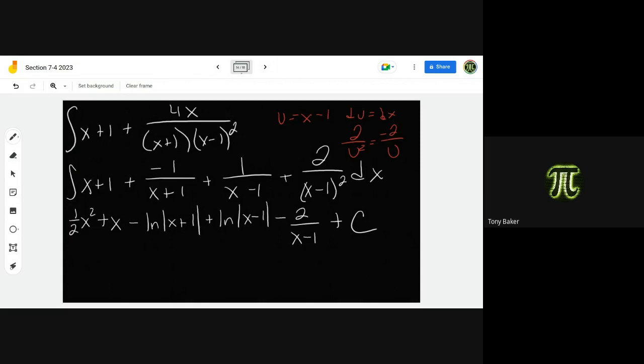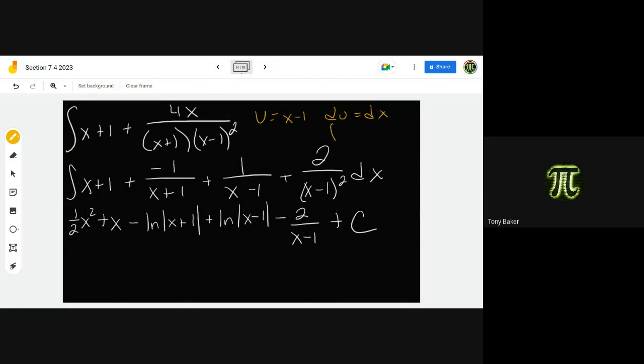Can you rewrite the U? Yeah, I can. I thought of that afterwards. So U is X minus 1. So du is dx.